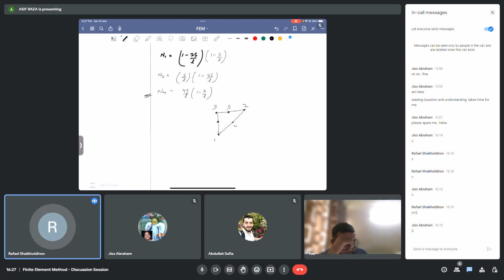Between 1 and 2, we have node 4. And we have a flux on the side 1, 2.